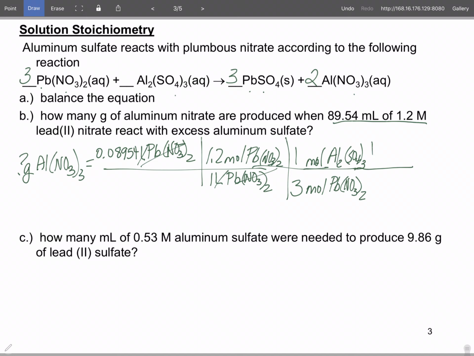And we're asked for grams, so we're going to take 1 mole of aluminum sulfate and find the molecular weight, 99624 grams of aluminum sulfate. Wait a minute.